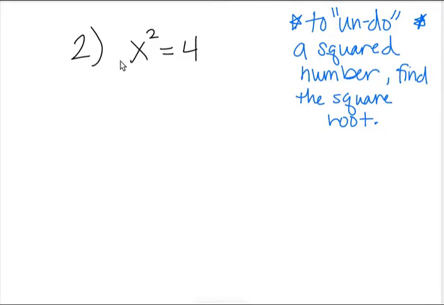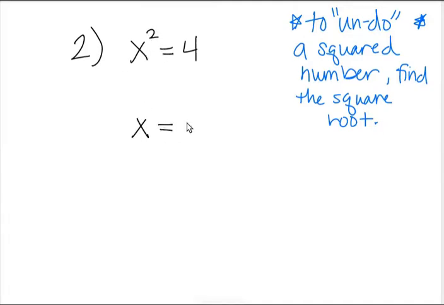Okay, so what we have here, and you should have room to do this on your paper. What I'm going to do is take the square root of each side of my equation. Let me back up. The reason we're going to do that is because I don't want to know what x squared equals.